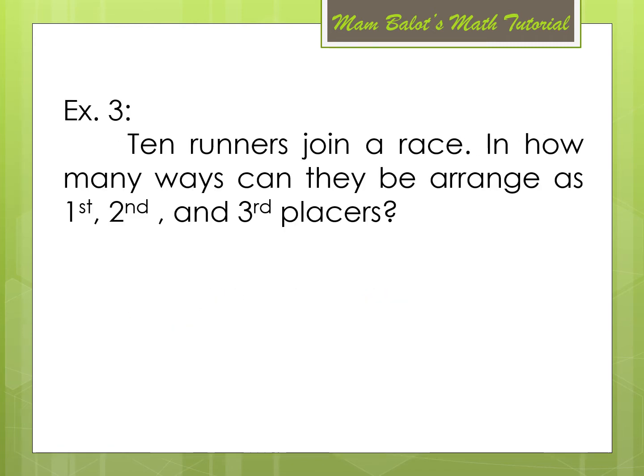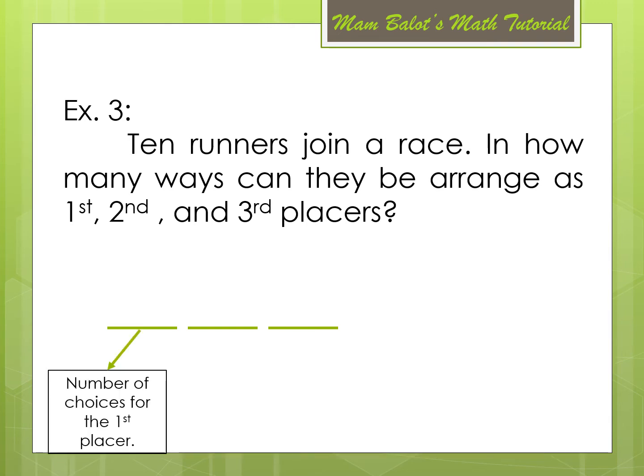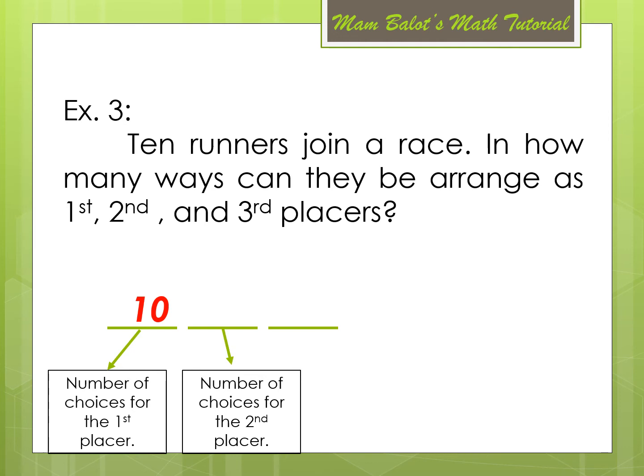Example number 3. 10 runners join a race. In how many ways can they be arranged as first, second, and third placers? We need to multiply 3 different kinds of choices. The number of choices for the first placer is 10, since we have 10 runners to choose from. And then the number of choices for the second placer is 10 minus 1.